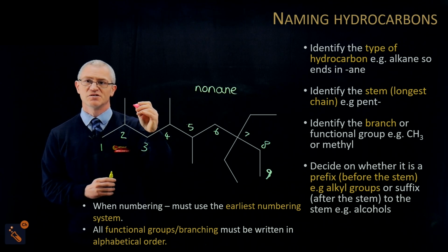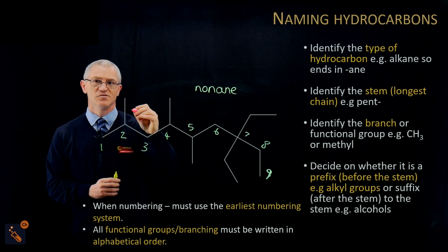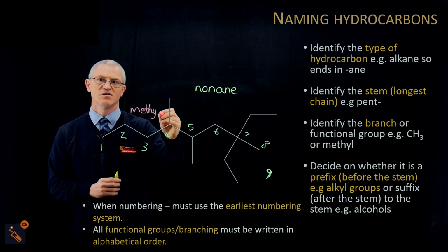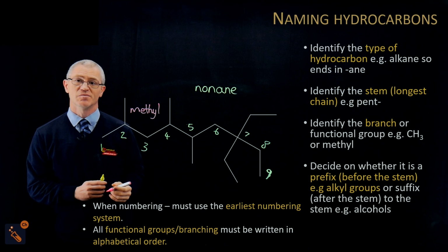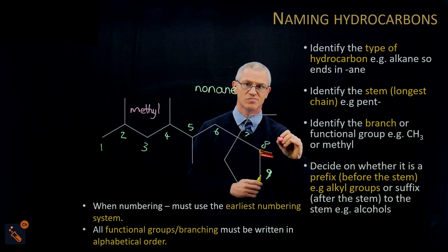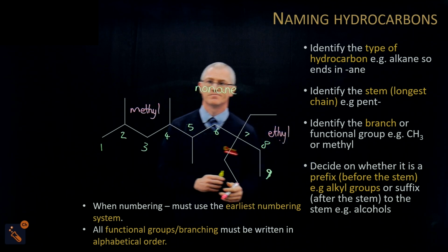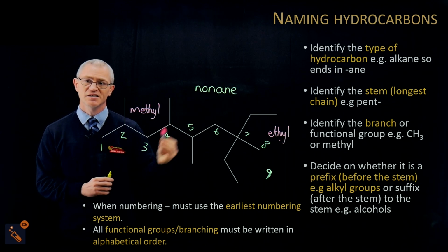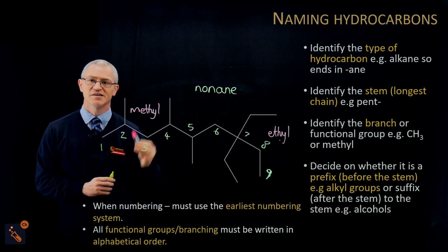Let's just put the word methyl there so we can look at the alphabetical order. And then ethyl. So we've got ethyl and methyl. So E, M, alphabetical order, E comes first.